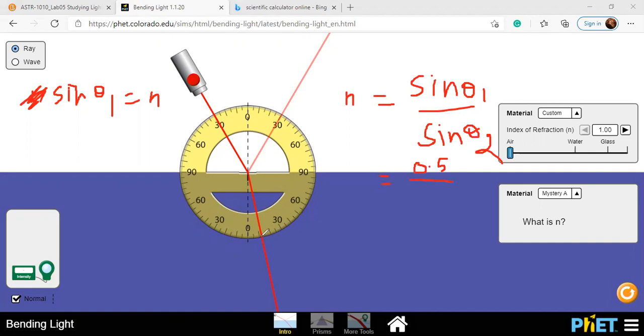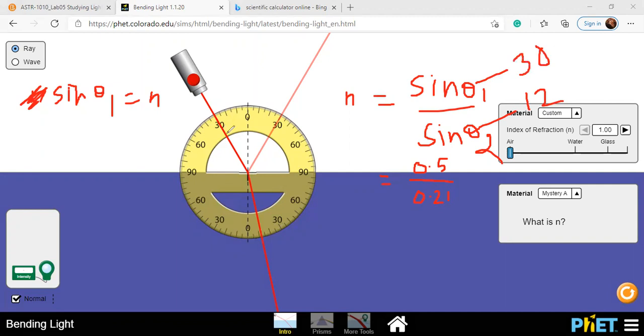So sine 12, I'm getting something like 0.21. So for theta 2 I took 12 degrees, and for theta 1 I took 30.